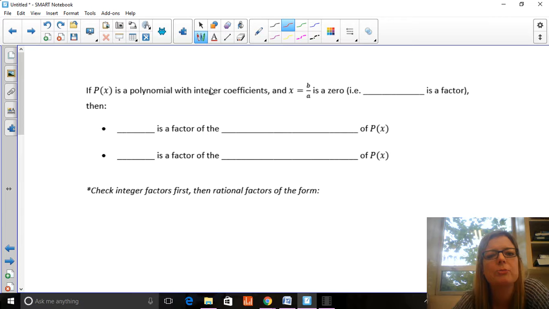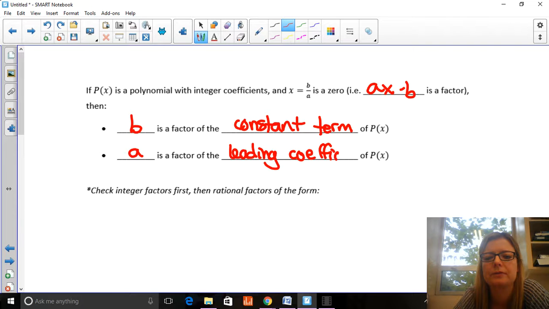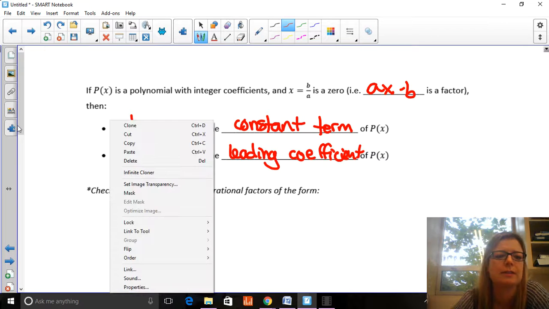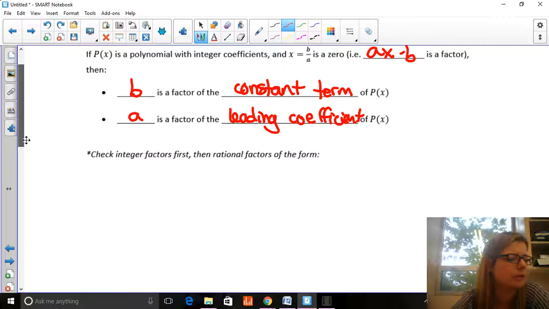If f of x is a polynomial with integer coefficients, and x equals b over a is a zero, in other words ax minus b is a factor, then the numbers you test for b have to be factors of the constant term of p at x, the thing that you're dividing, and a has to be a factor of the leading coefficient of p at x. You always want to check your integer factors first and then your rational ones.